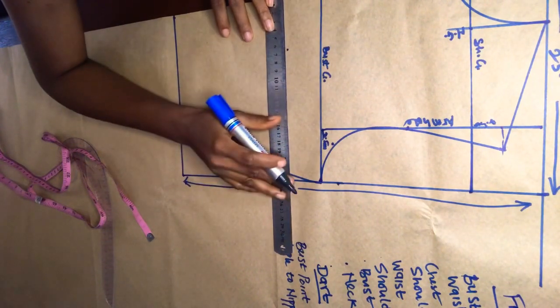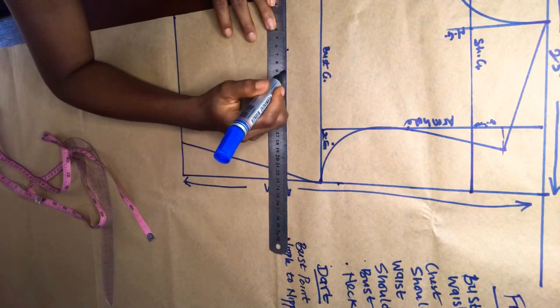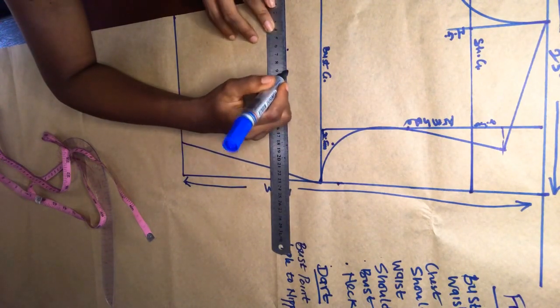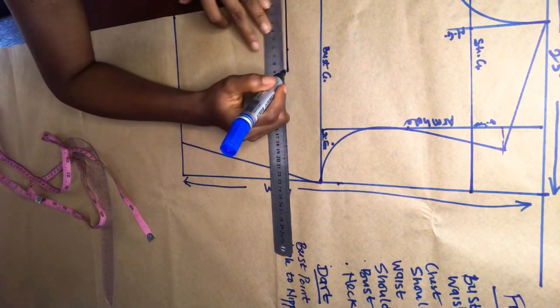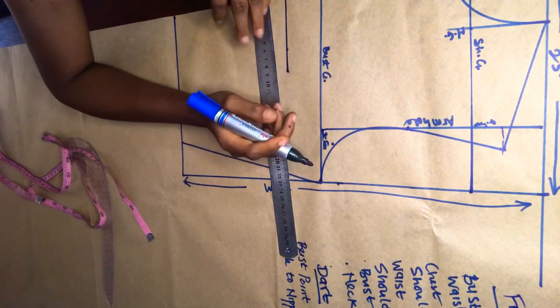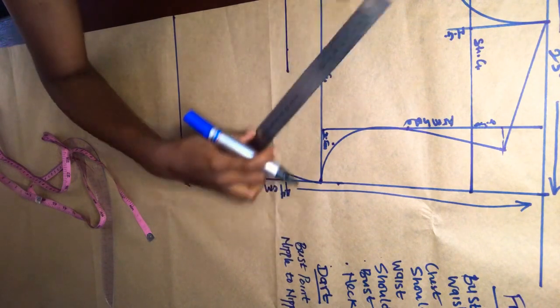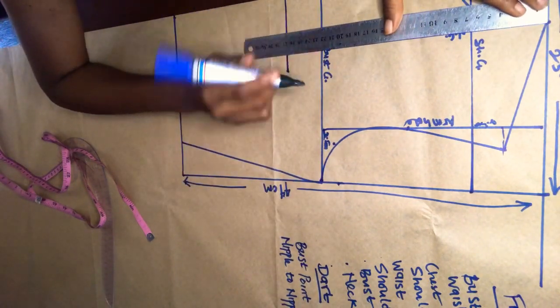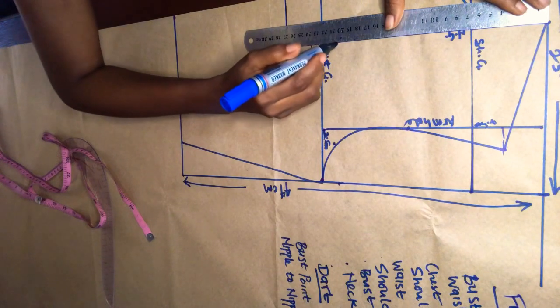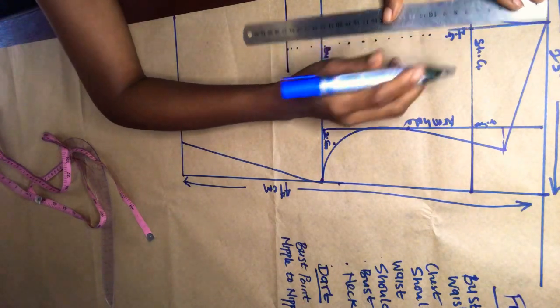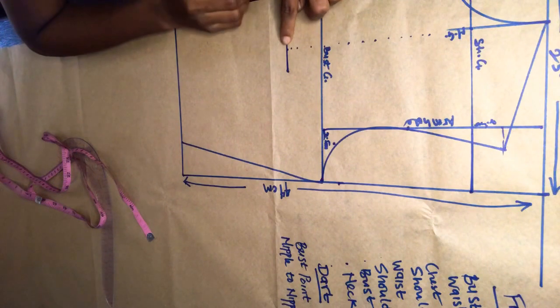So we measure it out and mark the nipple point. The 9 centimeter point here is going to be the nipple point. That's 27.5 centimeter, the guideline there. I'm just marking it out for you to understand how we got to that point.